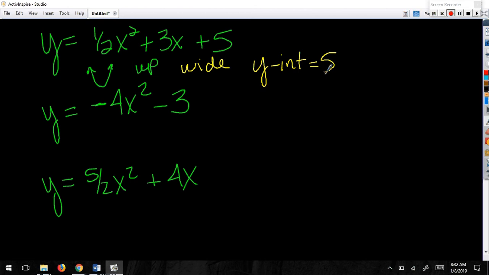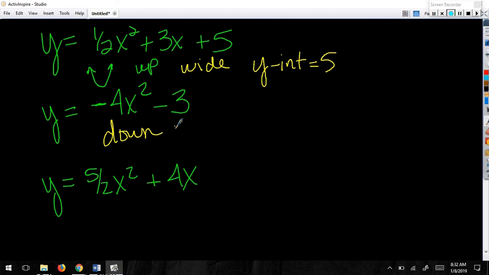Look at the second one. Down, why? Negative. Skinny, wide, or average? Wide. It's less than, you're looking at if it's less than 1, then we're talking wider, and if it's bigger, but it's absolute value. 1 is average. 1's what you're comparing to. 1's the parent.